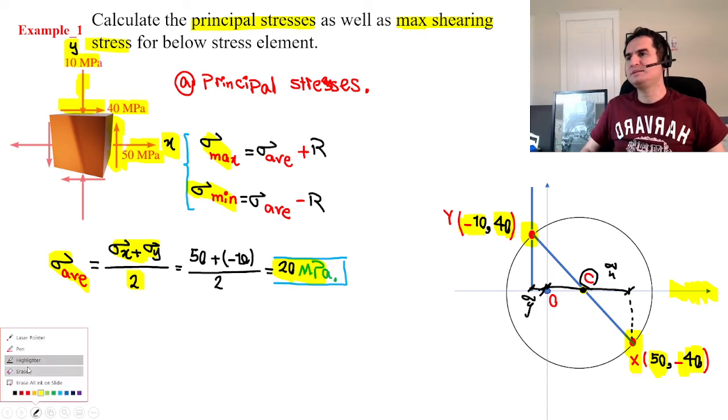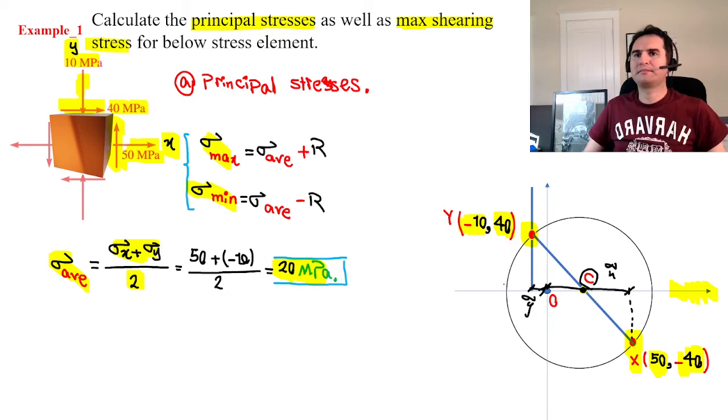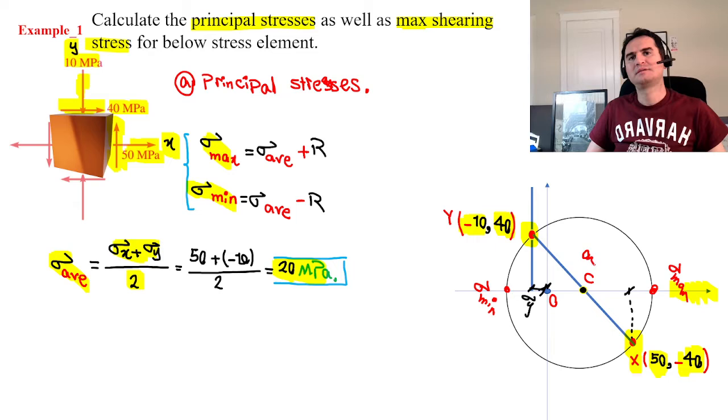One can simply say sigma minimum on a Mohr circle is here, and this is sigma max. Sigma max is simply sigma average, which is the center, plus the radius. If you subtract the radius from sigma average, it gives you sigma minimum.